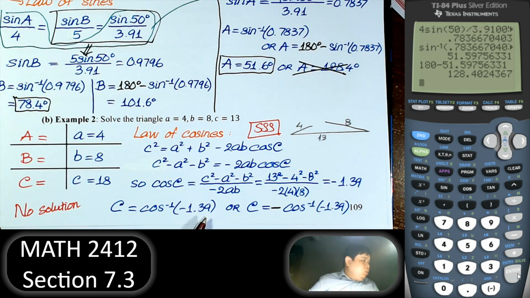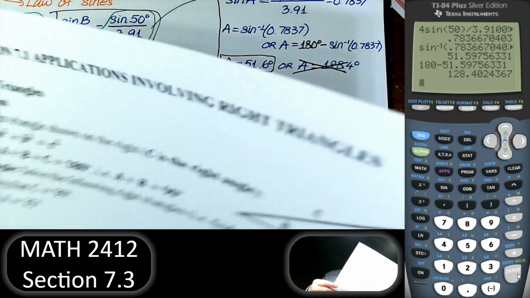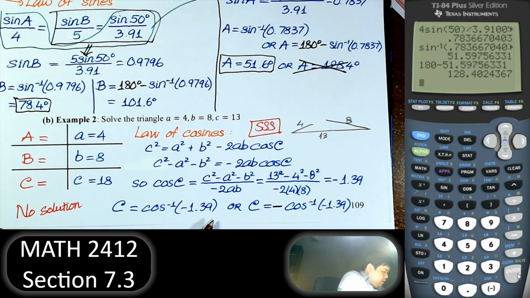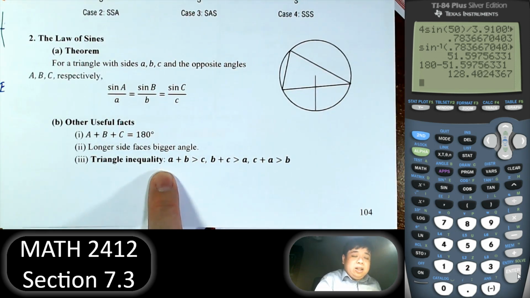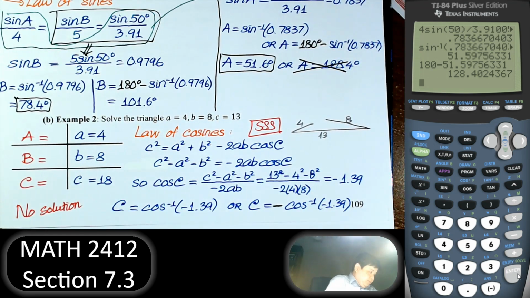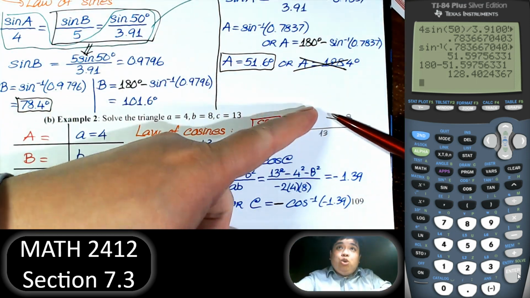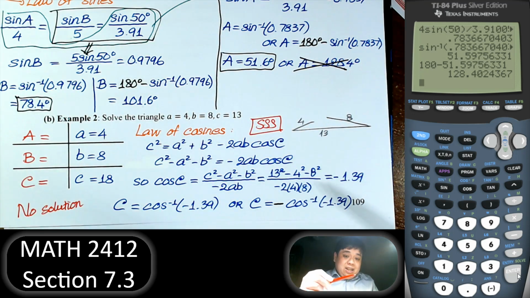Also from the first part of section 7.2, triangle inequality, the sum of two sides must be longer than the third side. So the other two sides have to be long enough to form a triangle, which in this case they do not. So that's why it's no solution.